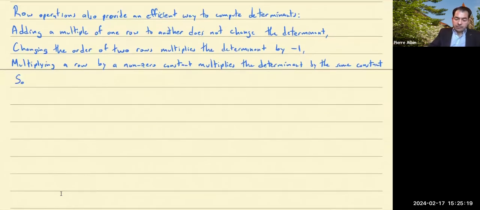So the idea to compute the determinant is to use row operations until the matrix is upper triangular.